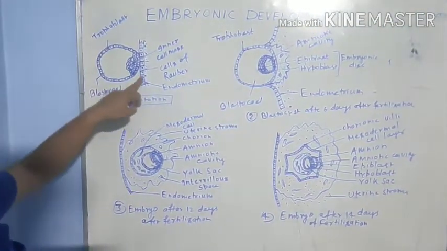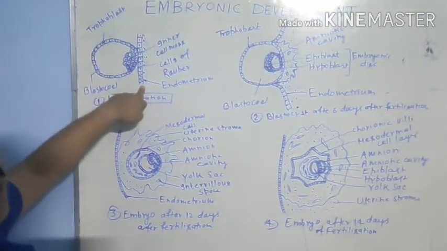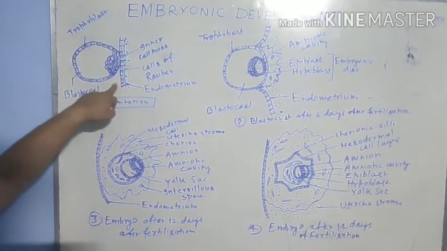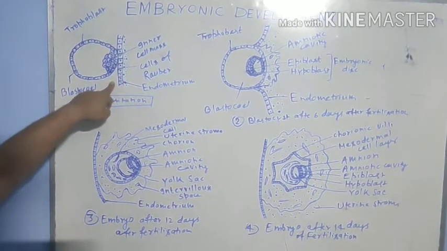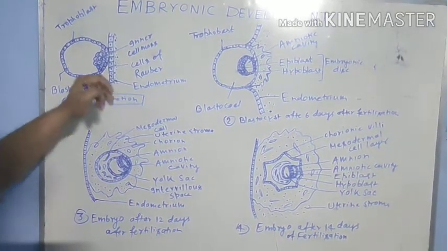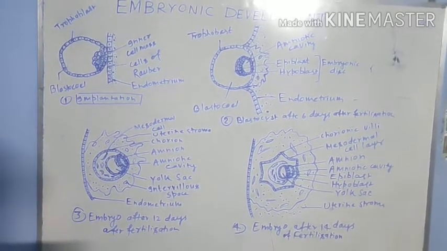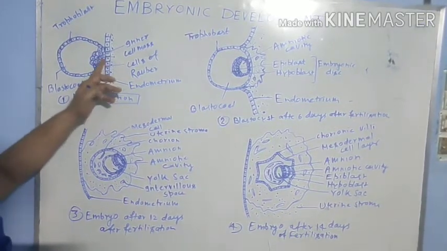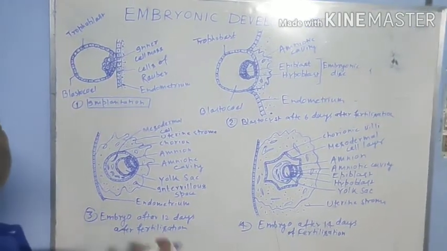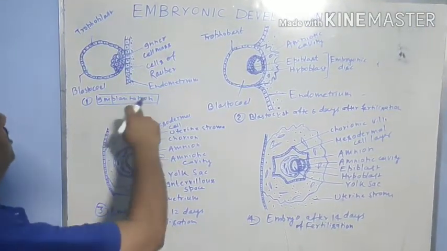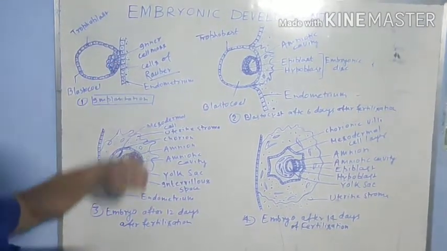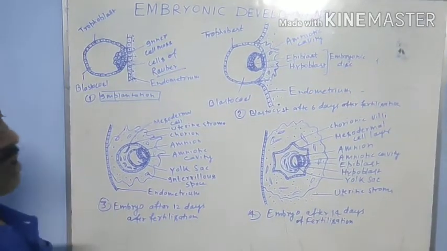Here, this is the uterine wall, the endometrium. The blastocyst attaches with the endometrium from the side where the inner cell mass is present. The cells of the trophoblast which are in contact with the inner cell mass are known as cells of Rauber.